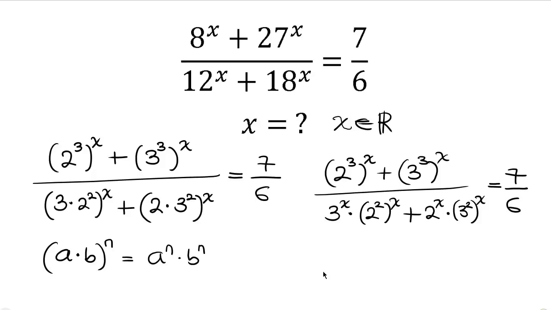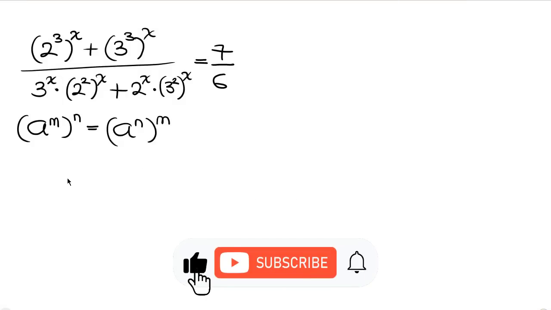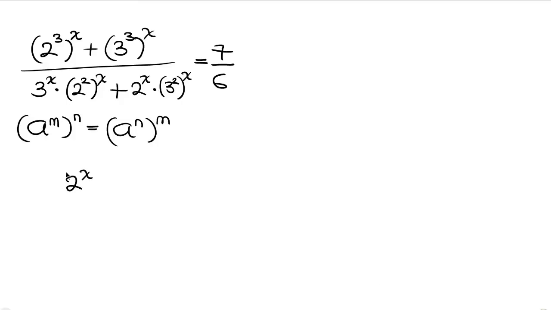Now our next step will be for us to apply the law of indices that says when I have, for example, a to the m all raised to the n, this is the same as a to the n raised to the m. That is flipping the positions of m and n. Very good. Now applying this law of indices, we have 2 to the x all raised to the 3 plus 3 to the x all raised to the 3.